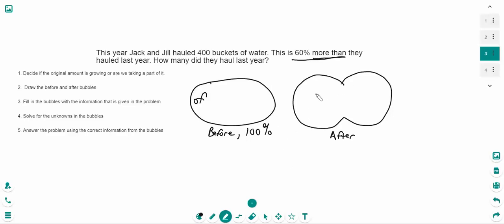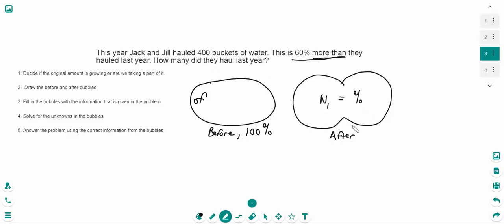Now we have to think about what the numbers are going to be. So this one is not like the divided bubble. This one just has a number. We'll call it number 1. And the number is equal to some percentage. Okay? It's pretty much that simple. So there we have kind of everything laid out. Now let's try filling in some things with numbers. So this year, Jack and Jill hauled 400 buckets of water.